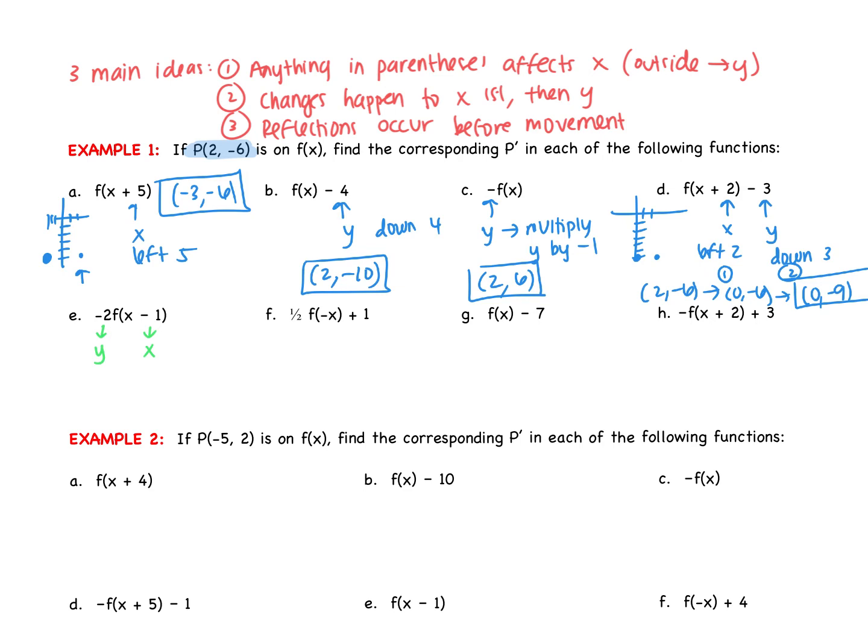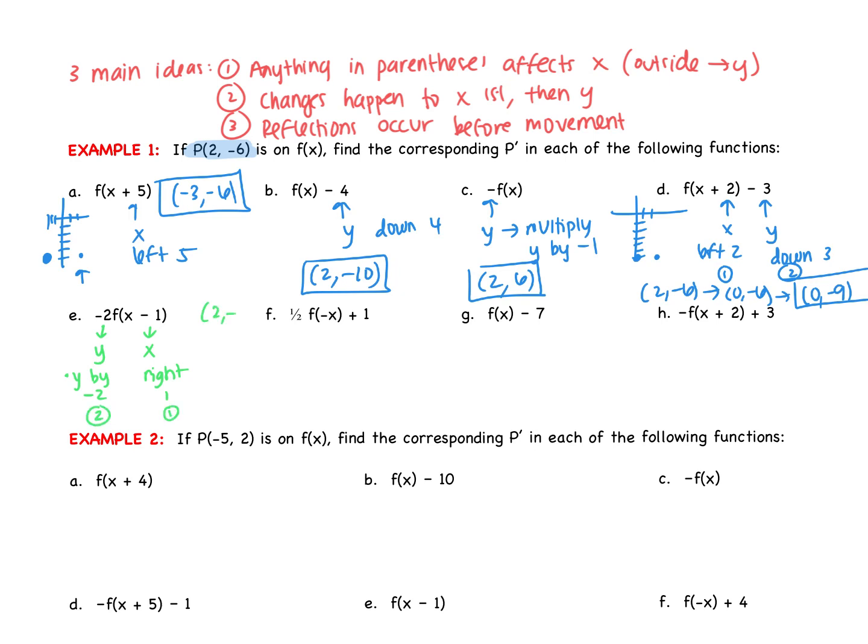The negative 2 that's outside is going to multiply y by a negative 2. What is that negative 1 going to do that affects x? Right. Yep, opposite of what we think it's going to be. So we're going to go right 1. Which one happens first? X happens first, then y.